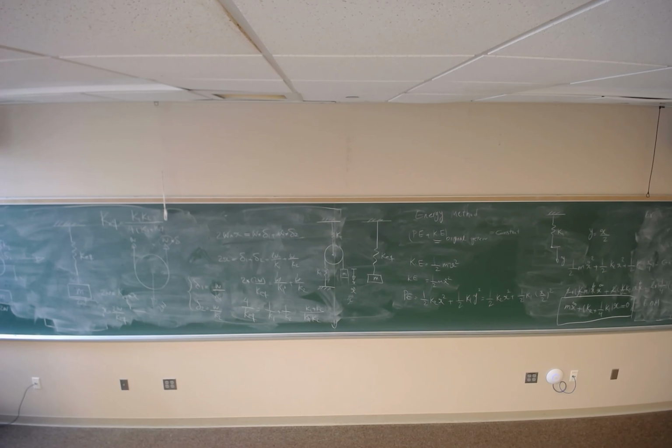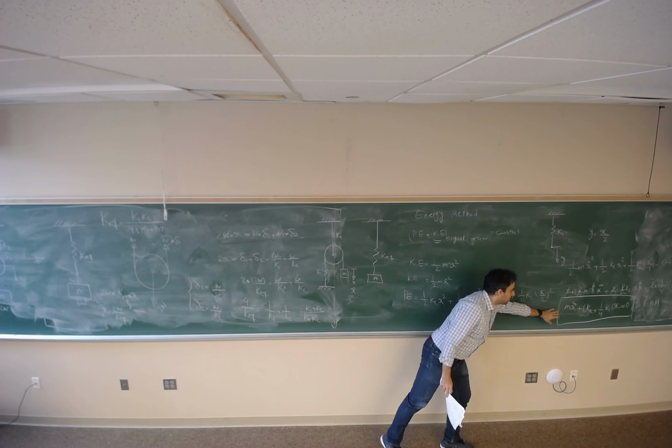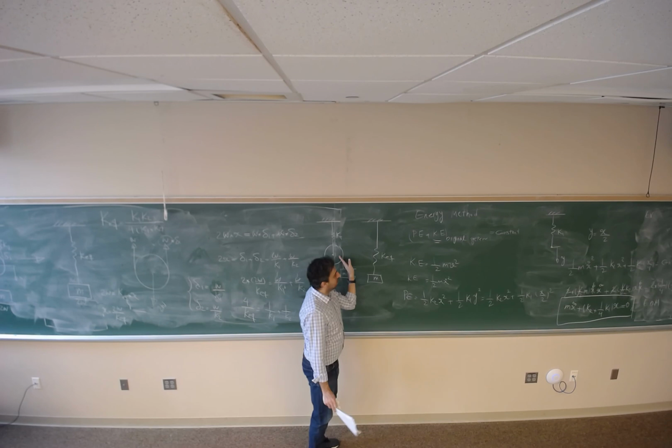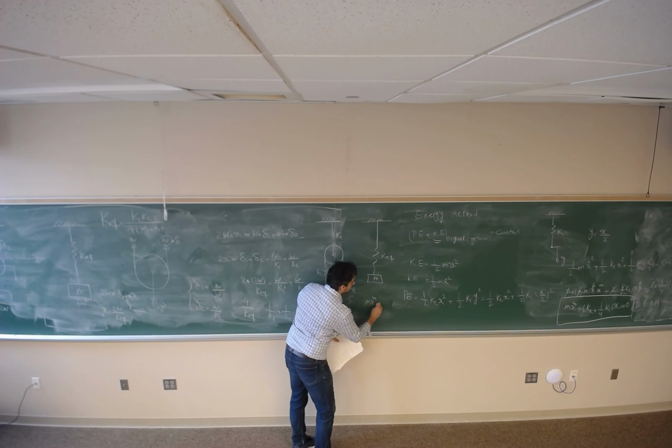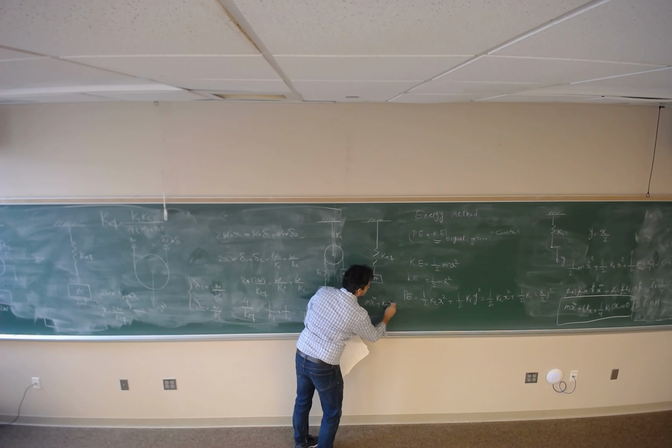What is the k equivalent for this? If this is the equation of motion for the original system, and I want to replace it with this one, the equation of motion for this one is m x double dot plus k equivalent x equals 0.